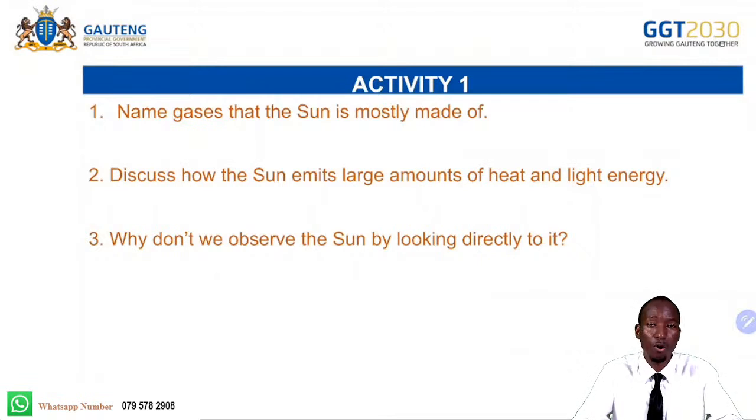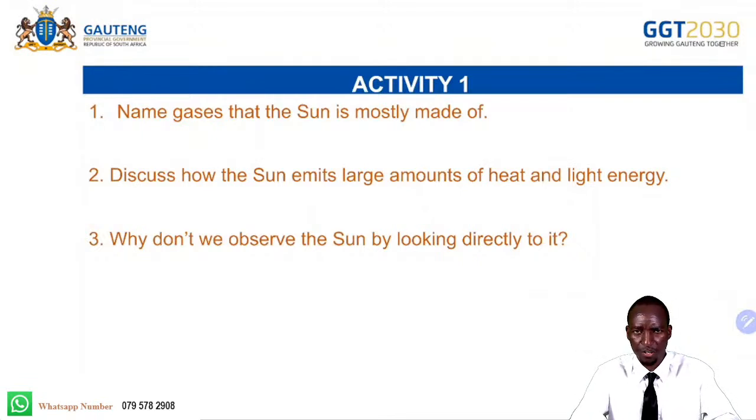And number 2, you're supposed to discuss how the sun emits large amounts of heat and light energy. Then finally, number 3, you're supposed to state why it is not advisable for us to observe the sun using our naked eyes. Why can't you observe the sun by looking directly at it? We're going to have 4 minutes for that activity, then quickly answer it. Let's get busy.